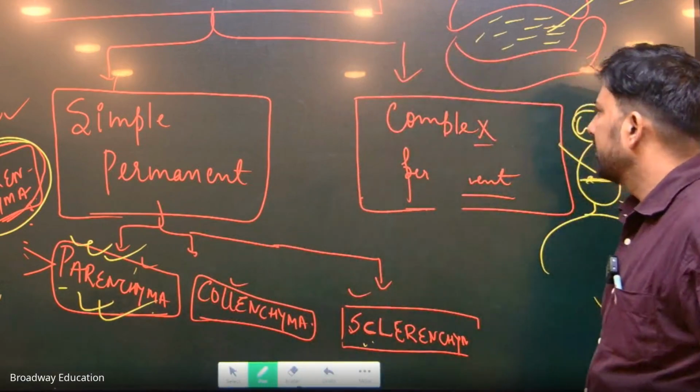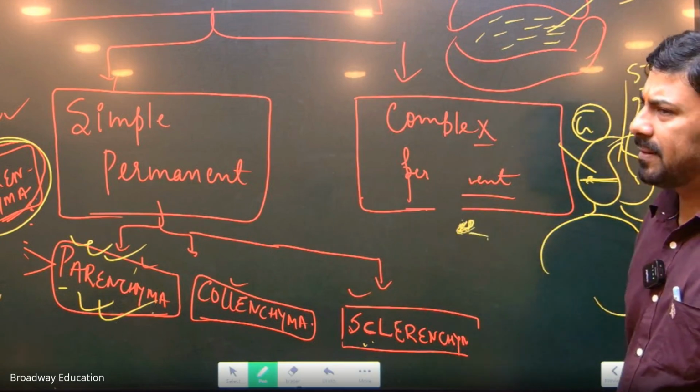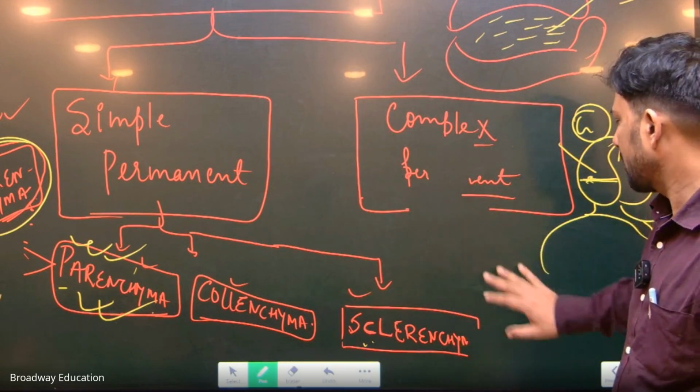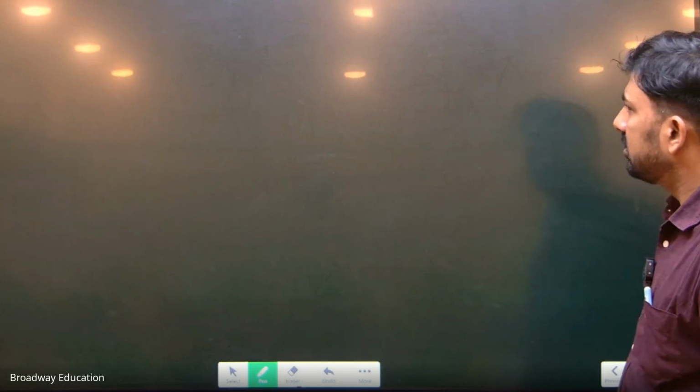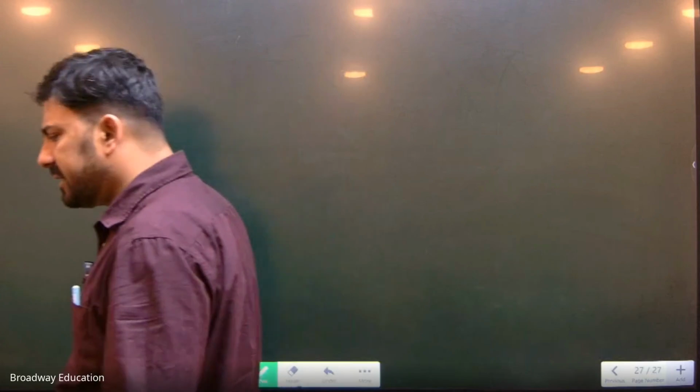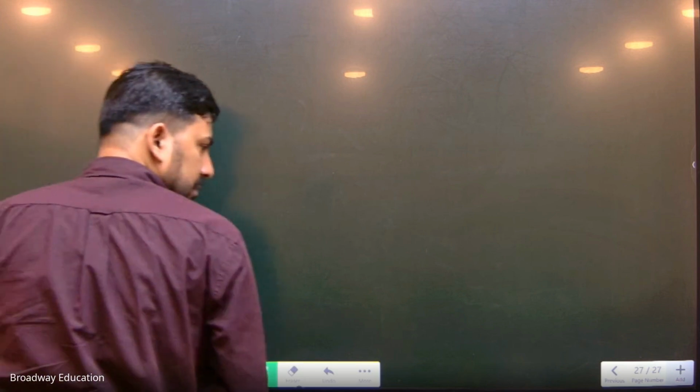Now, come to this part: complex permanent tissues. Under this, you please write: this basically includes xylem and phloem.